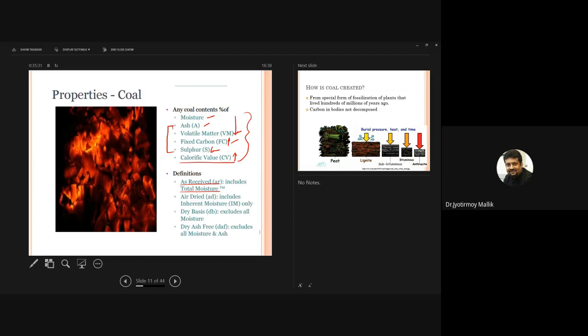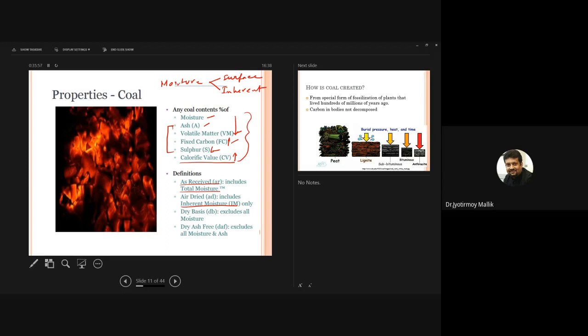So you can then say my coal is air dried, and the inherent moisture content is such. It only contains the inherent moisture. Moisture is actually the surface moisture and the inherent moisture.